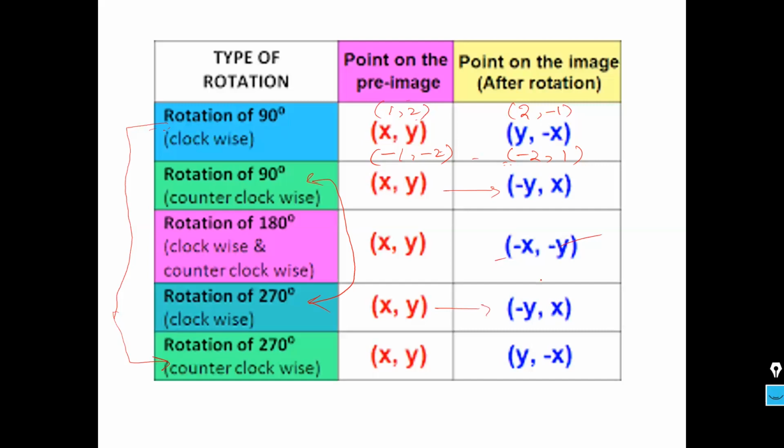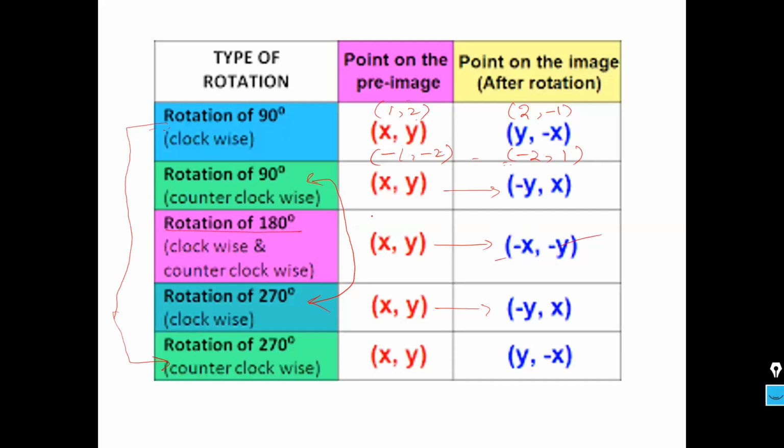One very interesting thing is that for a rotation of 180 degrees, either clockwise or counterclockwise, there is no change. Always we change (x, y) to (-x, -y). Whatever coordinates you have in the place of x, y, we convert them by multiplying by a negative sign, into the image (-x, -y).